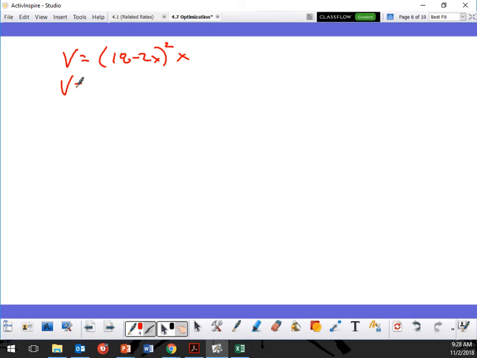So volume is equal to 18 times 18, which is 324, minus 32x plus 4x squared. All this is going to be times that x, right?